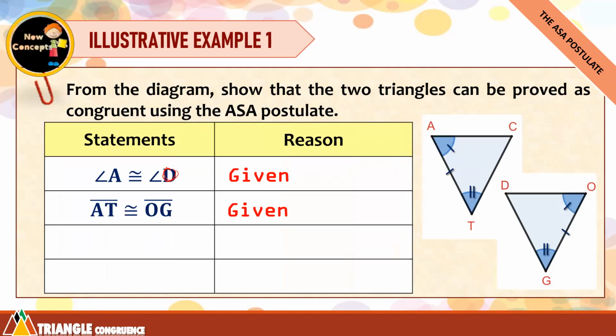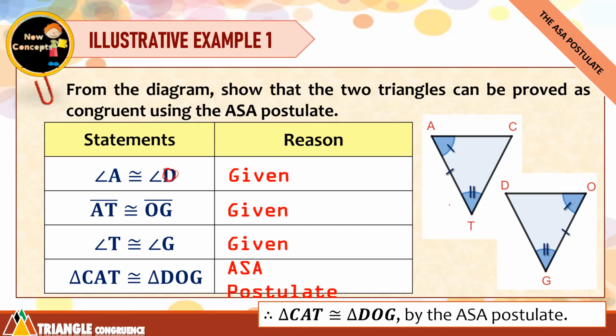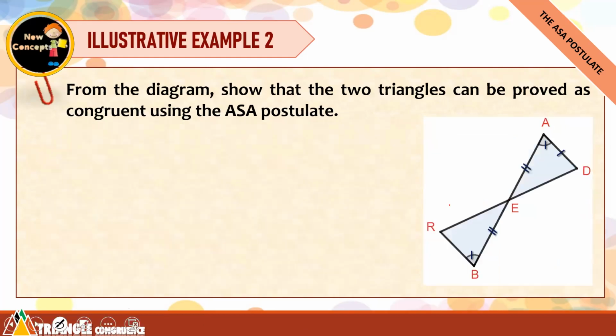And angle T is congruent to angle G. So if you notice this one, by the ASA postulate, triangle CAT is congruent to triangle BOG. All right, so by the ASA postulate.